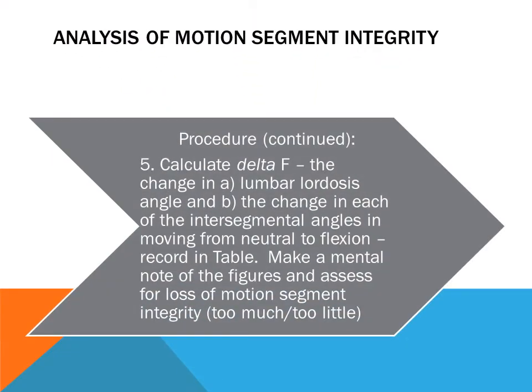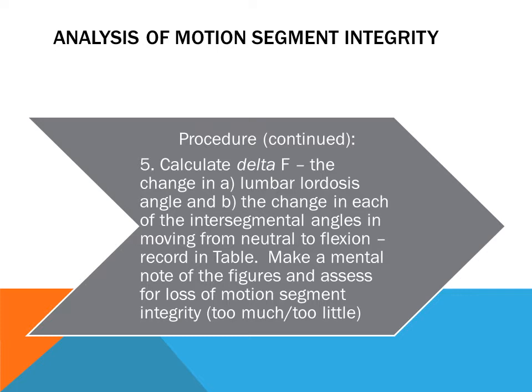Next step. Now we're going to calculate the delta F. Delta F is the change in, number 1, the lumbar lordosis angle, and number 2, the change in each of the intersegmental angles in moving from neutral to full lumbar flexion.